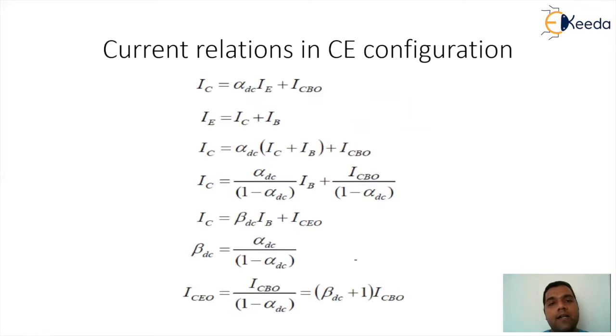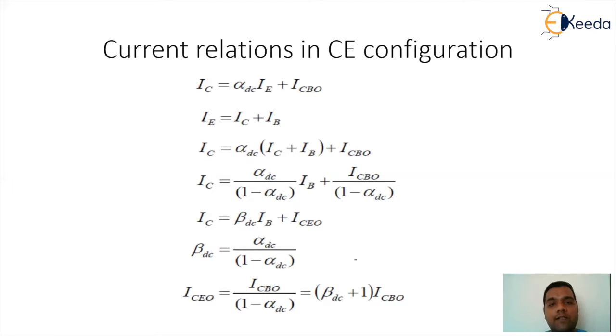When I try to get the current relation in the common emitter configuration, if you compare the common base and common emitter configurations, in all the configurations you will always find that the internal structural operation remains the same, because we are always trying to keep the base emitter junction forward biased and the base collector junction reverse biased.